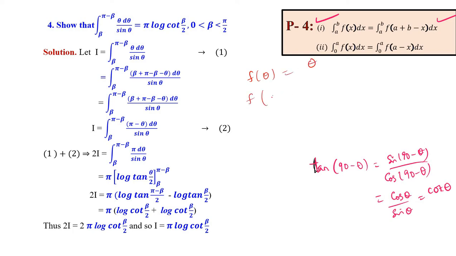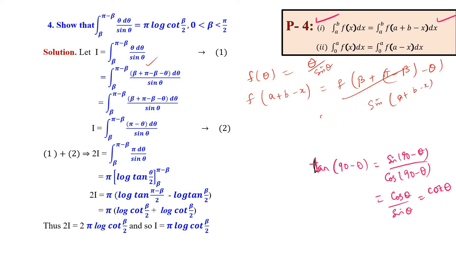So when we consider f of a plus b minus x, here it is f of beta plus pi minus beta minus theta, and in the denominator also, f of theta is theta by sine theta, so it will be sine of a plus b minus x.